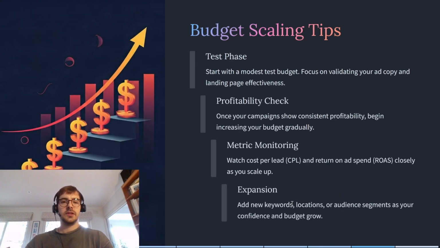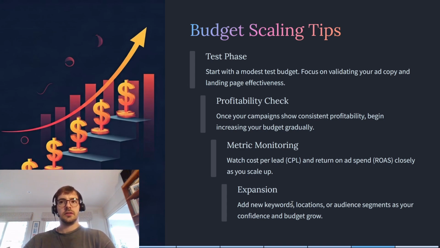Now, to scale up your budget, you should start with a reasonable budget, trying to get 1 conversion a day, and then that budget you can test with. So with that small test budget, you get it profitable, you fix up your ad copy and your landing pages, and then you get those profitable. And then once they're profitable, then you can start ramping the cost up.